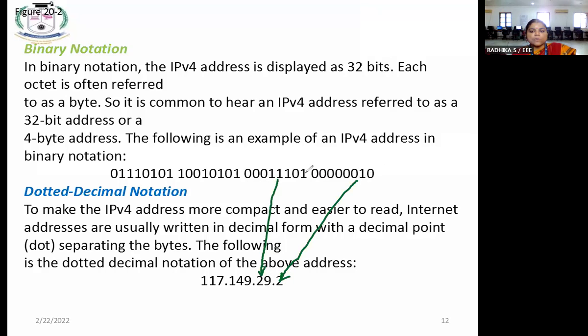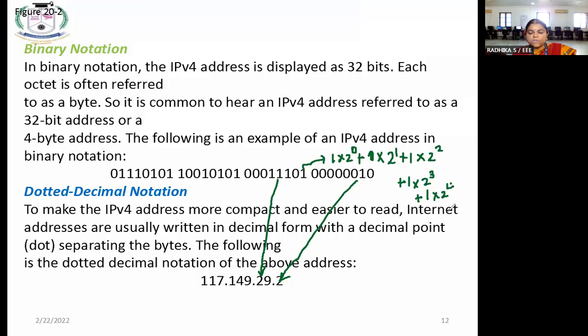How do you get it? Let me show you with just this example. Here I can write this as 1 into 2 power 0, plus 0 into 2 power 1, plus 1 into 2 power 2, plus 1 into 2 power 3, plus 1 into 2 power 4.